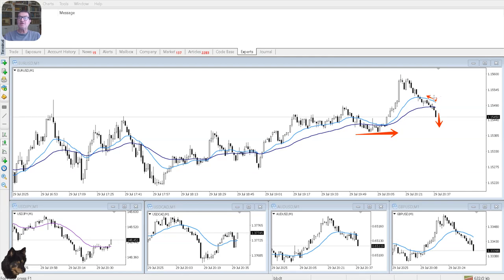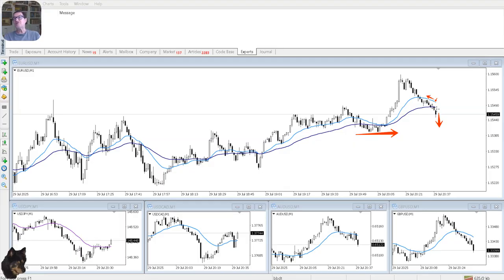Because the fast MA has not yet crossed the slow MA, personally, I wouldn't enter a trade no matter what the bars are telling me, no matter what price is telling me, active or non-active. I would wait till at least the fast MA has crossed below the slow MA.